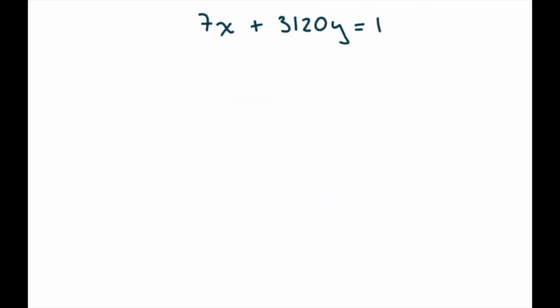We're going to first focus on the value of phi n, which in this case is 3,120. And we're going to see how we can express 3,120 in terms of e, which is 7 in this case. So I'm just going to say 3,120 divided by 7. And I'm just going to quickly execute this division.